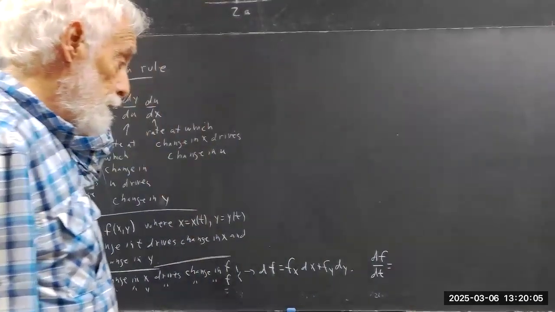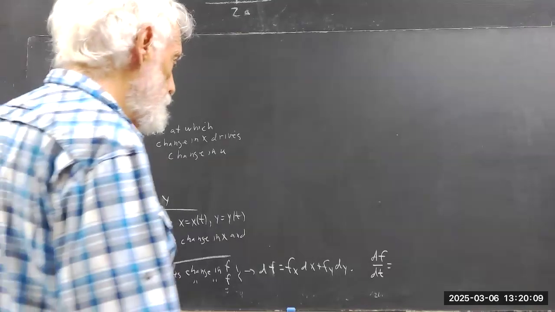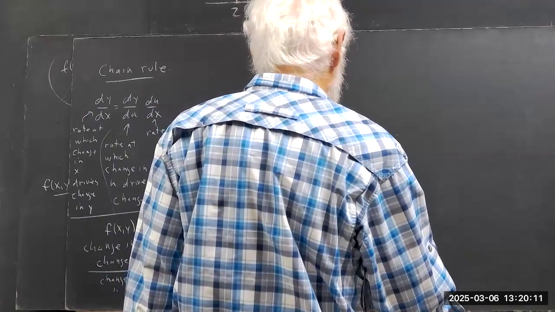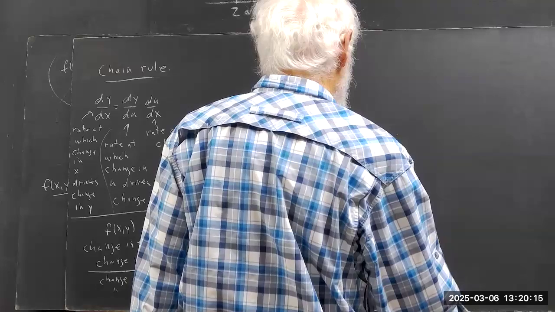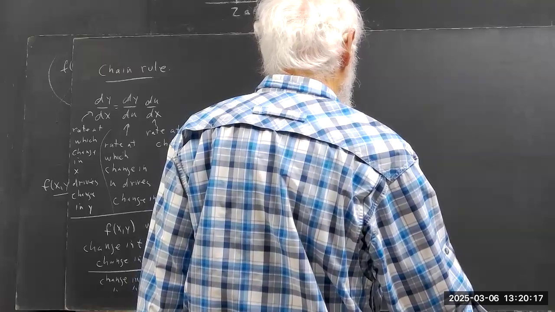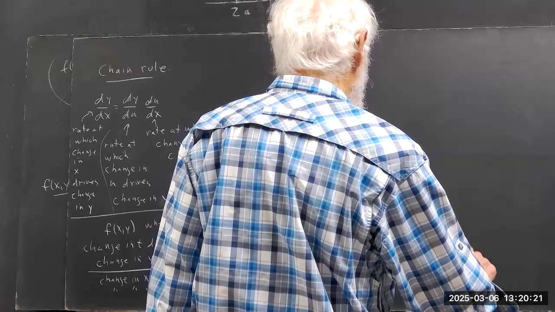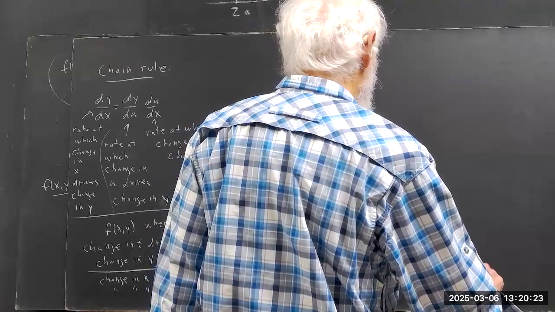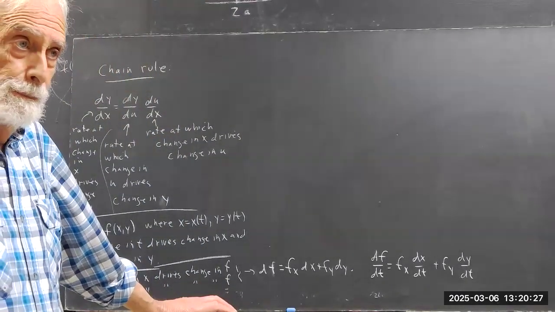Then it makes sense that df/dt equals fx times dx/dt plus fy times dy/dt.